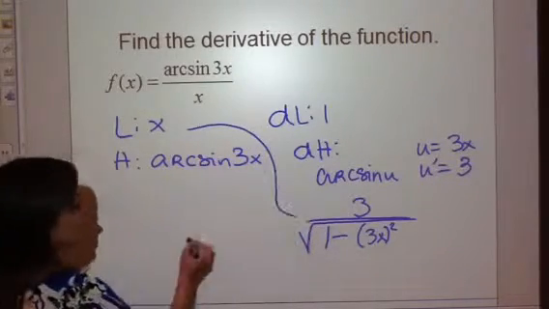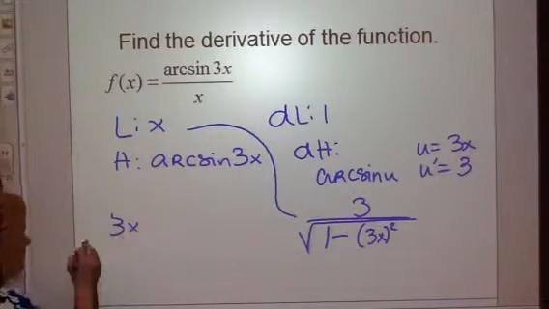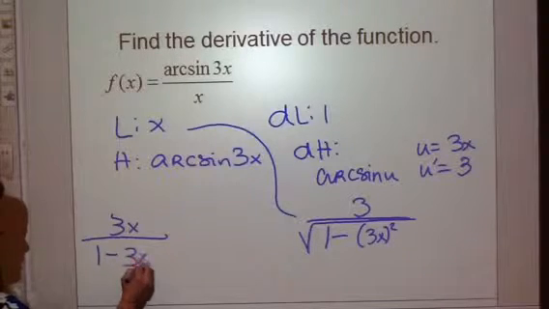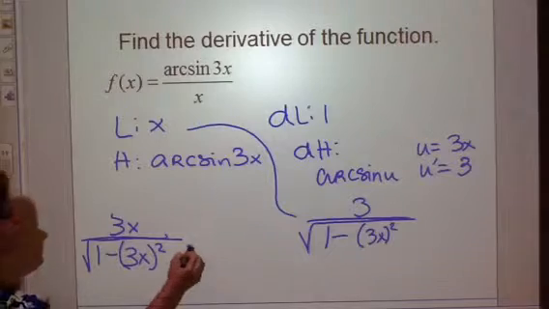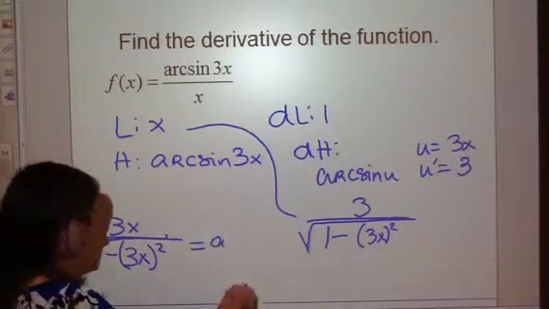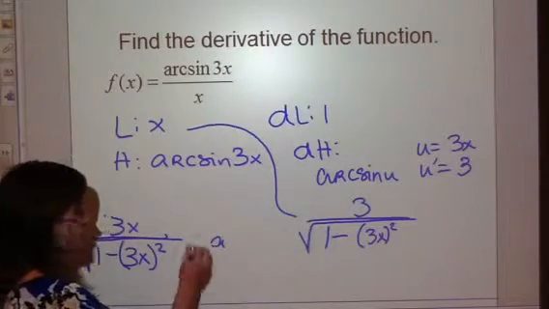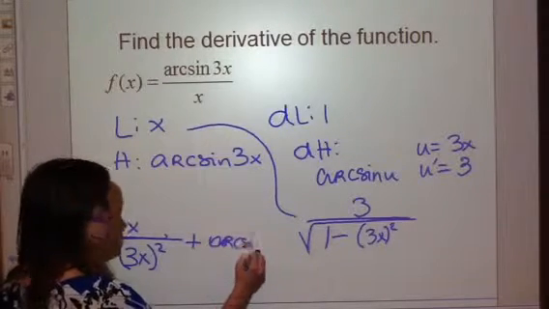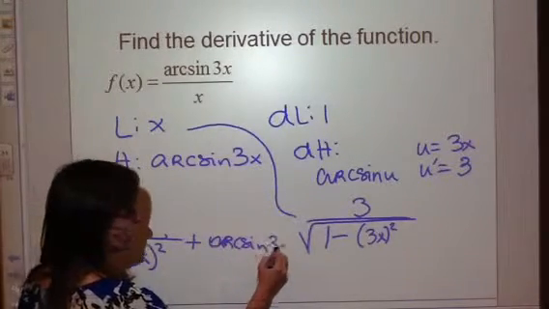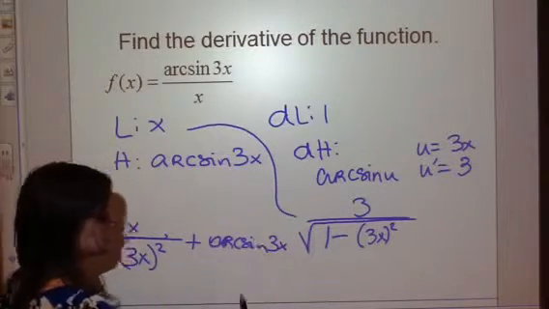And when we do, we get 3x over the square root of 1 minus 3x quantity squared, plus arc sine of 3x times 1. You're done.